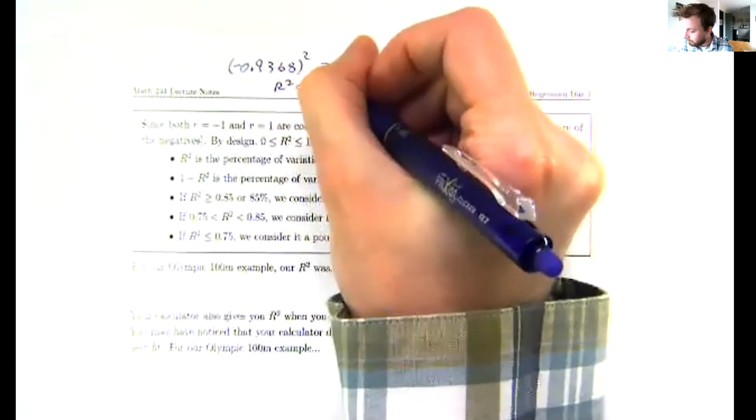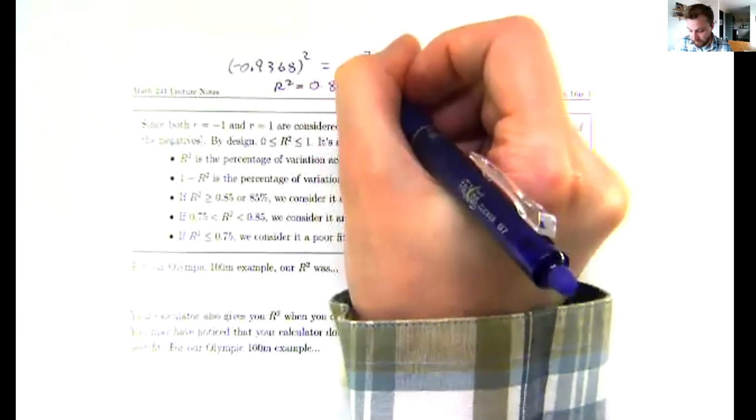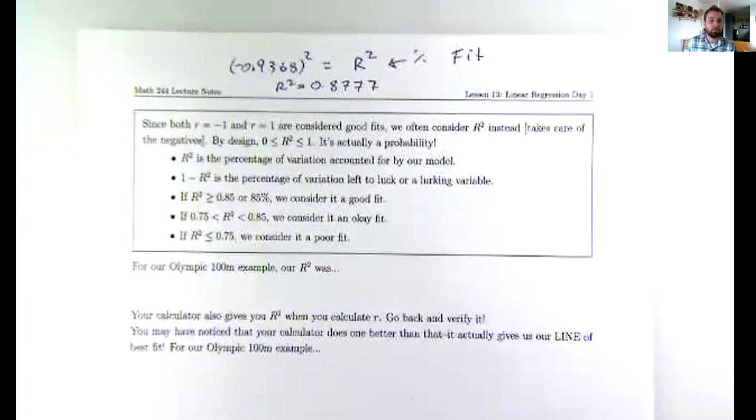When I do this, I get, just like my calculator told me and GeoGebra told me, 0.8777 or so. Great.